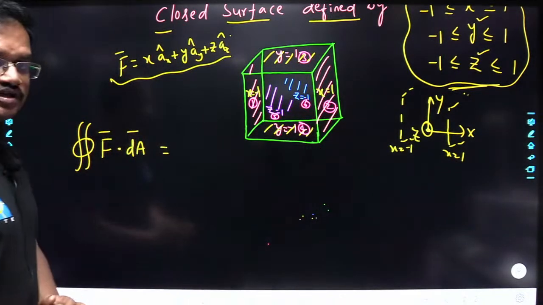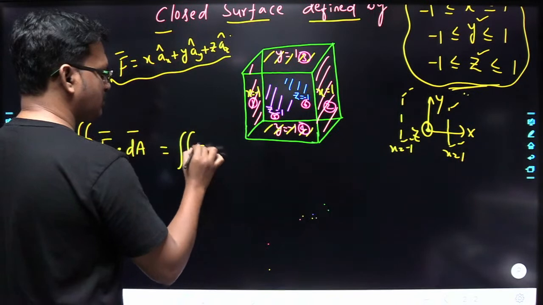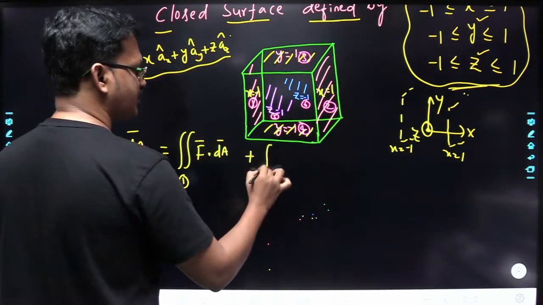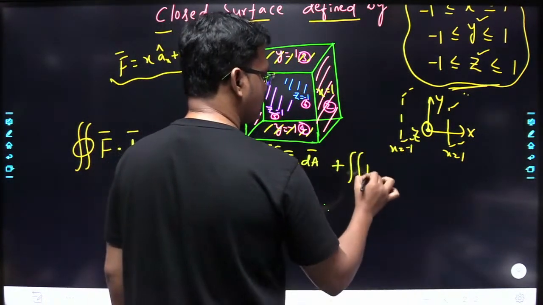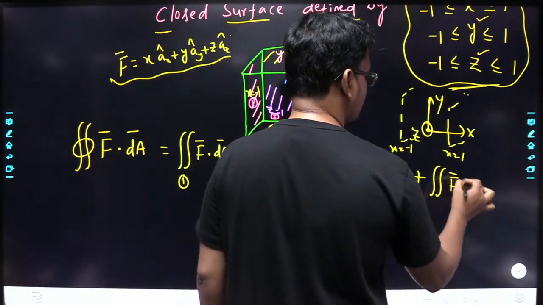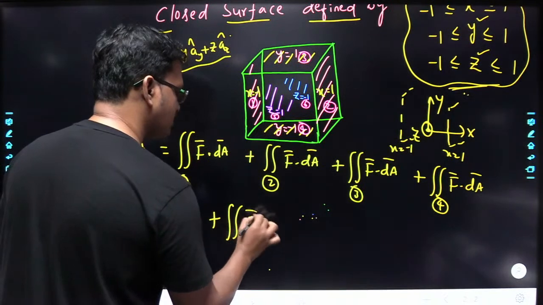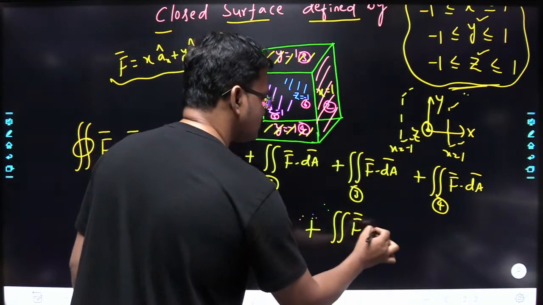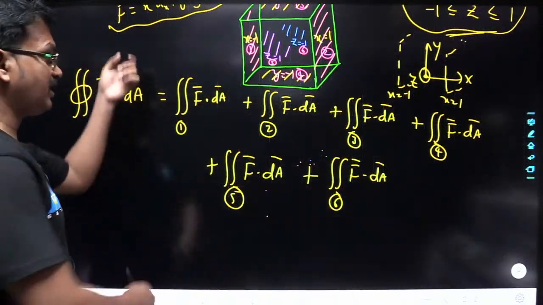So you have to determine the flux through the first surface, plus the flux through the second surface, plus the third surface, plus the fourth surface, plus the fifth surface, plus the sixth surface, right? So this is going to be a lengthy procedure.